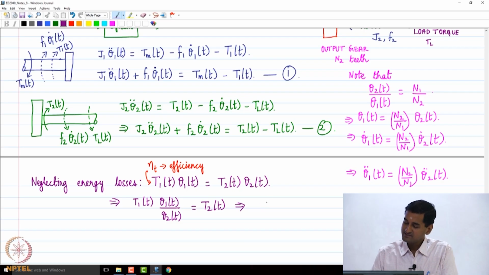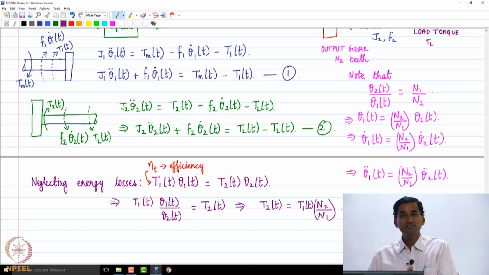This immediately gives us that T2t is going to be equal to T1t times N2 by N1. Why? Because theta 1 by theta 2 is N2 by N1. So that's how we get this relationship. Now we are all set.